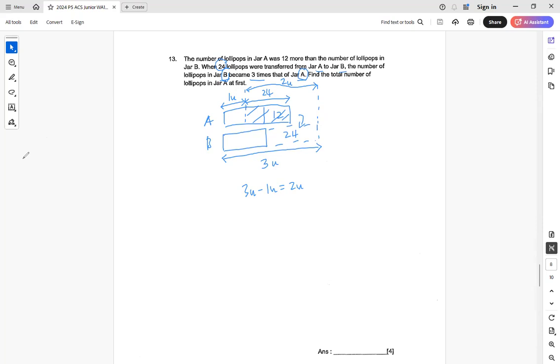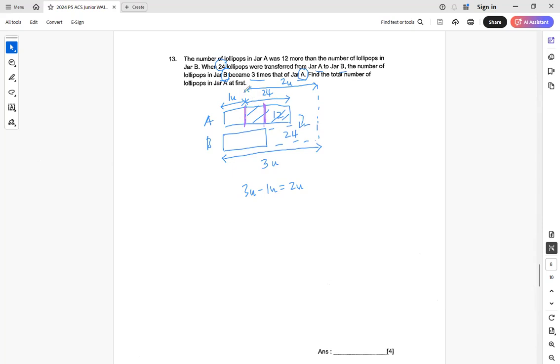Maybe I should draw a straight line. My 2U is from the dotted line to the dotted line. So I have to look at what is inside the dotted line. I have to find this part here first, maybe in another color.